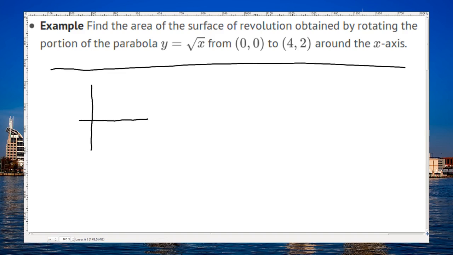We're rotating around the x-axis, so here's my axis of rotation. And I know what that parabola looks like. It's the square root function. I'll sketch that from 0, 0 out to 4, 2.